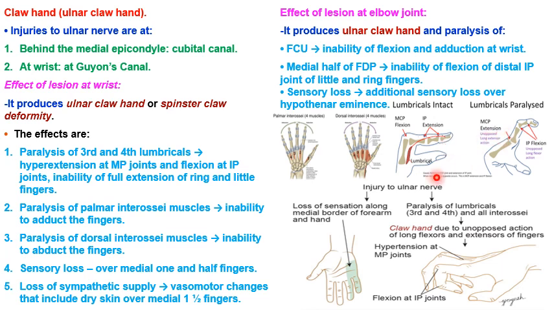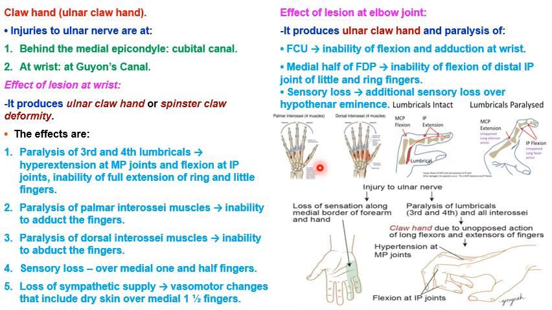So when the lumbricals are paralyzed, there is hyperextension at the metacarpophalangeal joint because of the unopposed action of the extensor tendons, and there is flexion at interphalangeal joints, and there is paralysis of the palmar and the dorsal interossei.